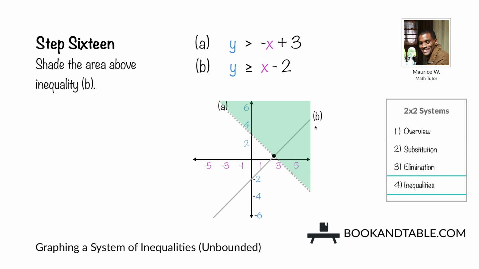And now for our second line, step 16, we shade the area above inequality B. So you go to the line for equation B, greater than is above it, so you shade the area above that line. So above inequality A and above inequality B would be this area right here.